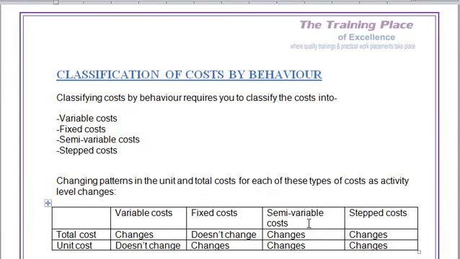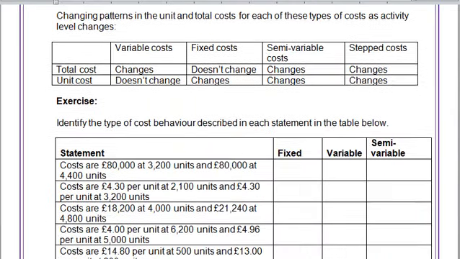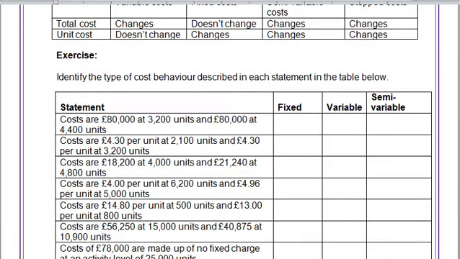You will need to increase your cost in order to produce at a higher activity level. As the total cost changes, the unit cost will also change from activity level to activity level. We've put in here a simple summary table that gives you a snapshot of what will happen to the total cost and the unit cost for the different types of costs as activity level changes. We want to look at a simple calculation exercise now.